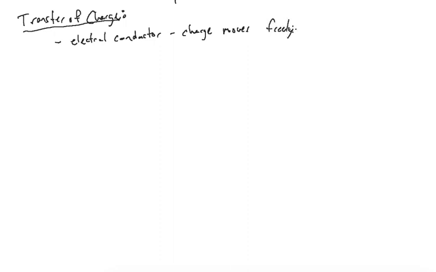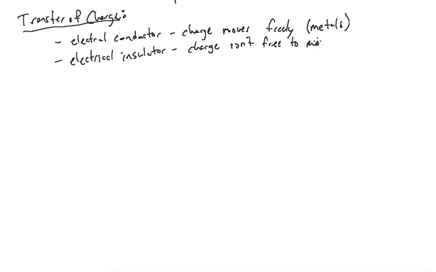This is typically your metals. And then we have an electrical insulator, where charge isn't free to move. These are your nonmetals for the most part, like rubber, plastics, things like that.